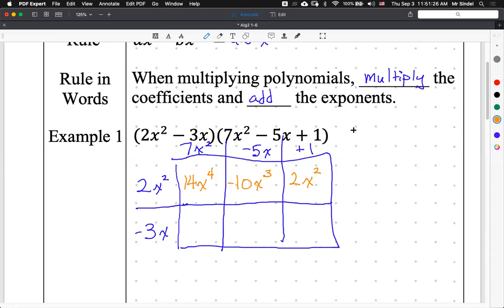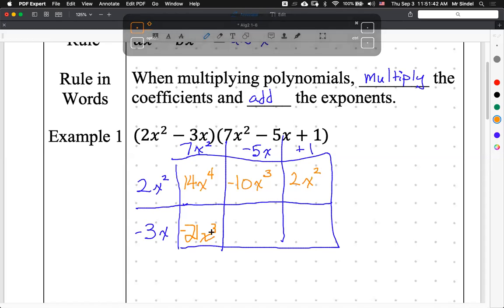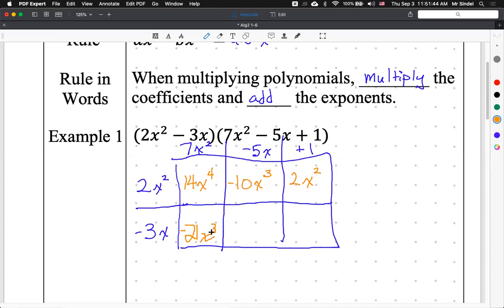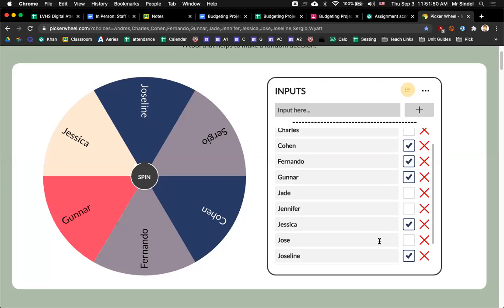Yep, negative 21. Is there a 1 with x to the power 3? Yeah, 3. Perfect. And you might have noticed I'm using my trackpad now because my writing tablet died. If I unplug it and replug it in, will it come back to life? I don't know. Anyway, Josie's off of this.